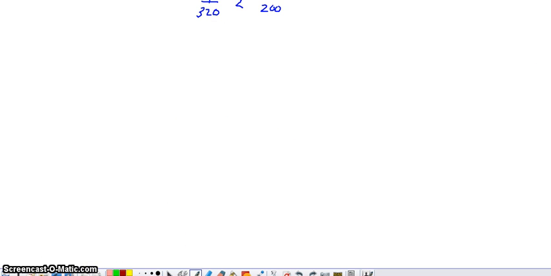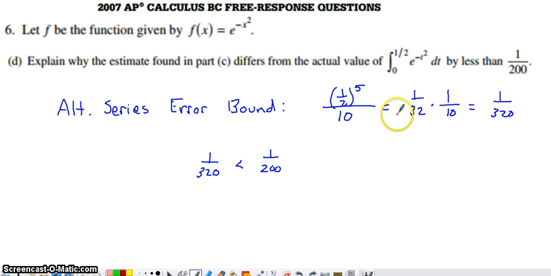So in part C, what I've done here is a little bit of arithmetic with that 1/2 to the 5th over 10. You raise 1/2 to the 5th power, you get 1/32. We'll multiply by the reciprocal rather than dividing by 10. That gives you 1/320th. Well, 1/320th has a smaller numerical value than 1/200th does. So that's how we are 100% certain that our estimate in part C is going to be accurate to within this amount.